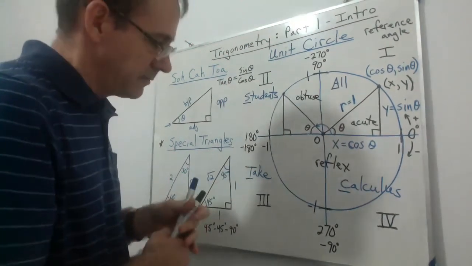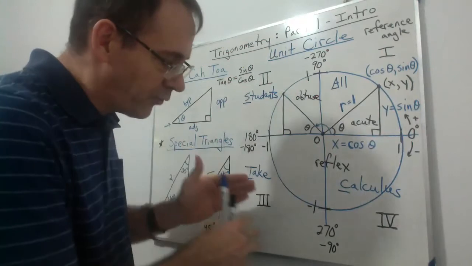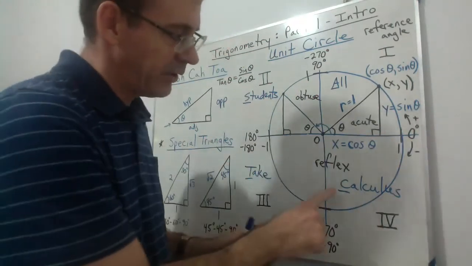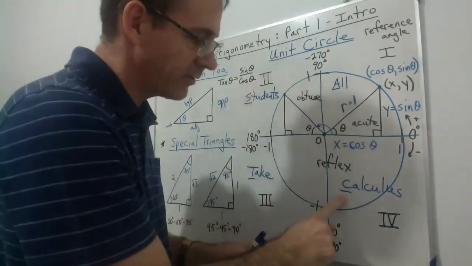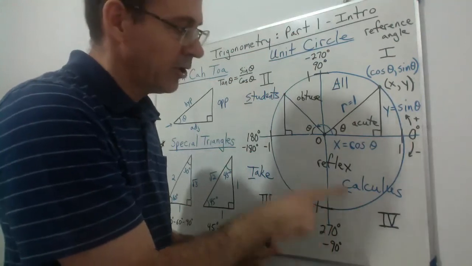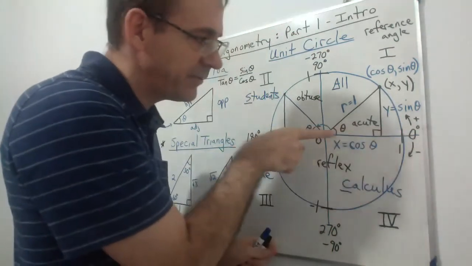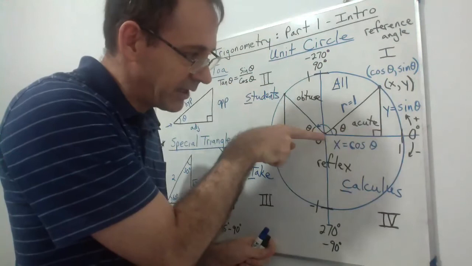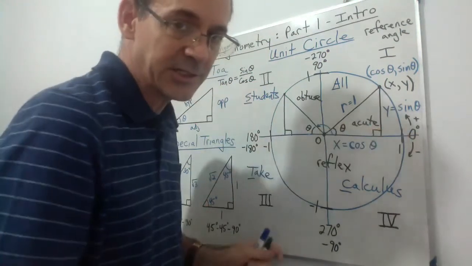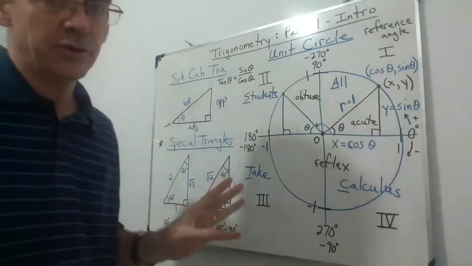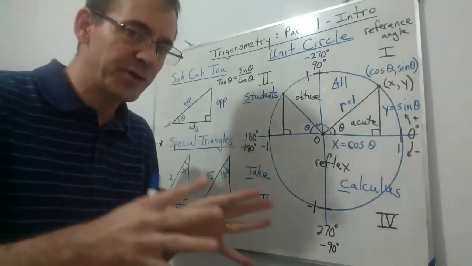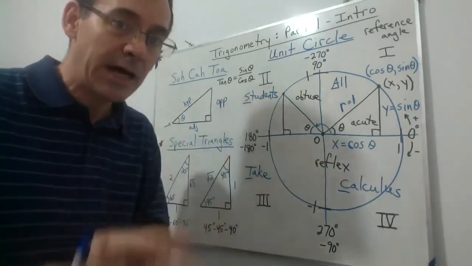Now, if you move over into the fourth quadrant, you have all students take calculus, cosine. Cosine is positive in the fourth quadrant because it's going in the positive x-axis direction. So what this gives you is those trig functions which are positive.